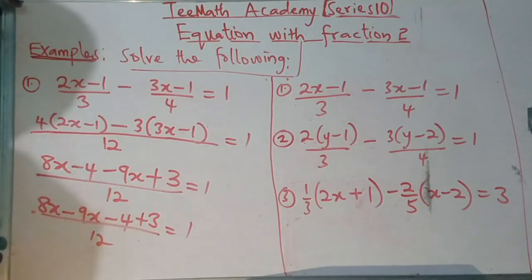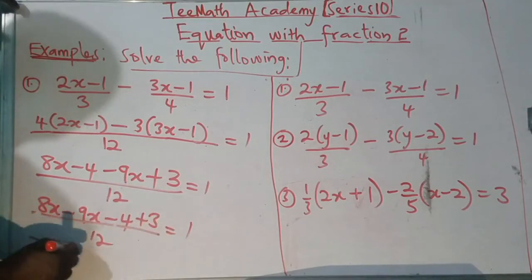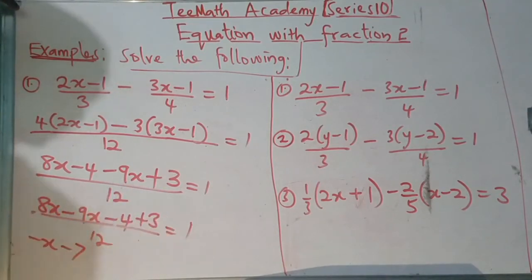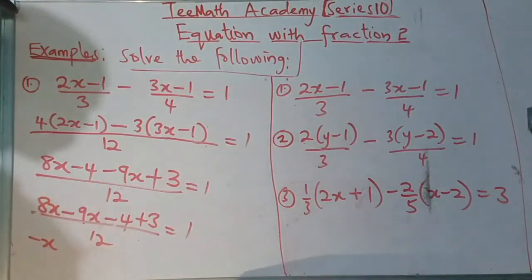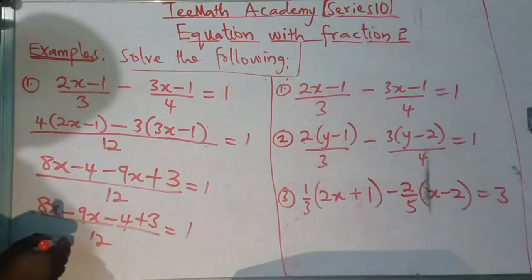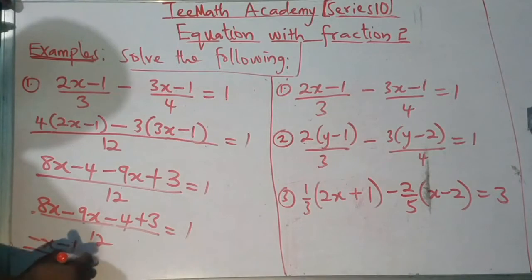Now 8x minus 9x, that is minus x. Minus x, then minus 4 plus 3. Some students will say minus 4 plus 3 is 7. That is very wrong. Okay? Now, this is minus 4. You pronounce it together with the sign. Minus 4 plus 3, that is minus 1, over 12 equals to 1.